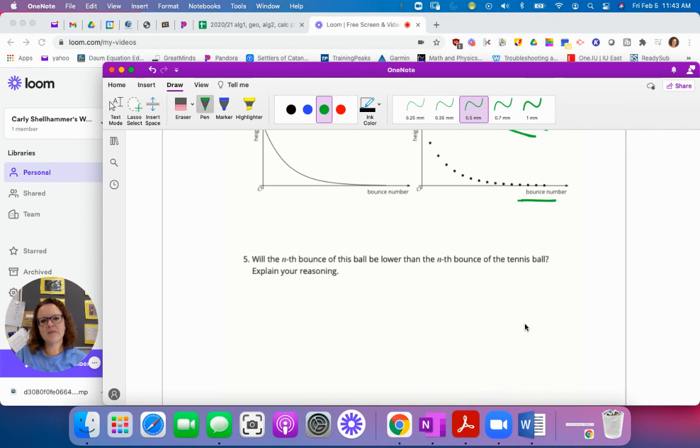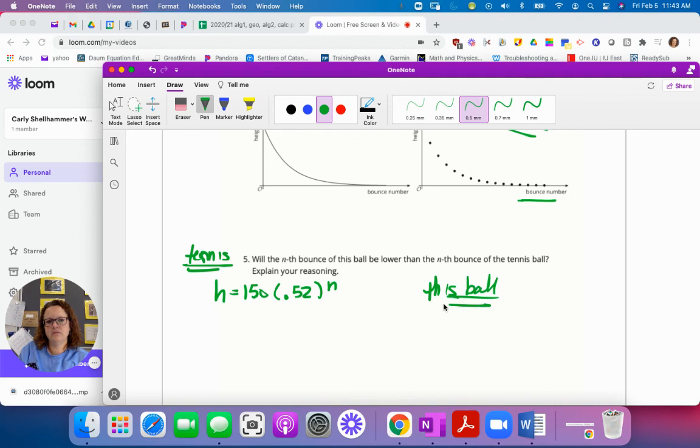And then will the nth bounce of this ball be lower than the nth bounce of the tennis ball? Explain your reasoning. No, the tennis ball's height was 150 times 0.52 to the n. This ball, I don't know what kind it is. It's bouncier, so it's going to always be higher than the tennis ball.